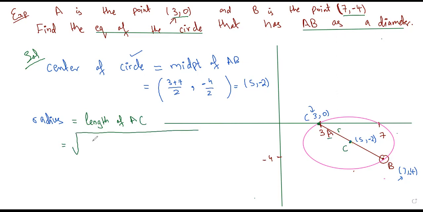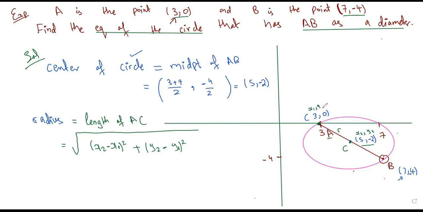The formula is under root x2 minus x1 square plus y2 minus y1 square, right? So what are the x and y coordinates of the 2 points? 5 and -2, 3 and 0. Let's call it x2 and y2, and let's call the first point 3, 0 as x1 and y1.